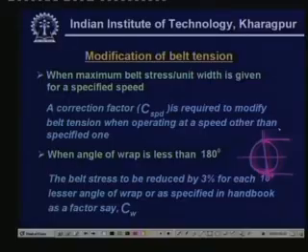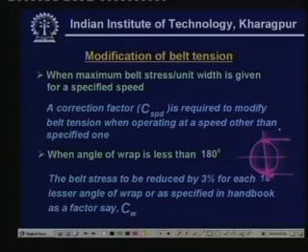If it is less than 180, then the contact area between the belt and the pulley decreases, thereby the power transmission capacity decreases accordingly compared to what we get at a 180 degree angle of wrap. So, a reduction in the belt strength is to be considered.